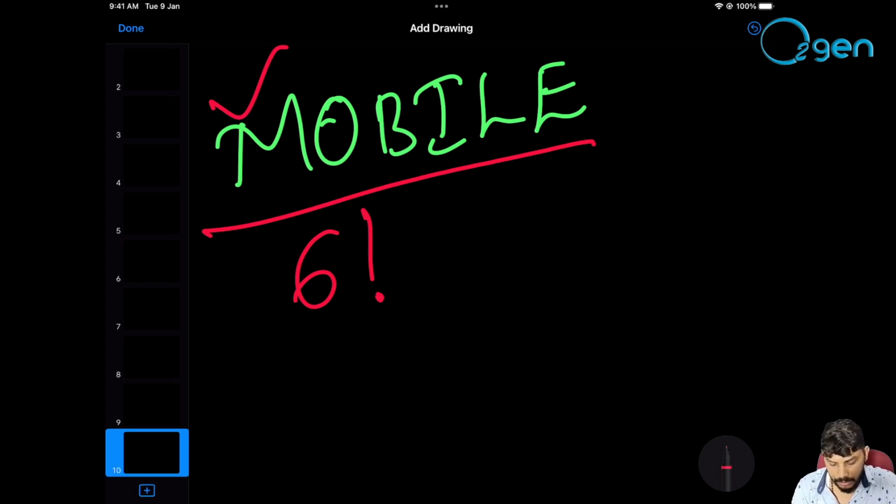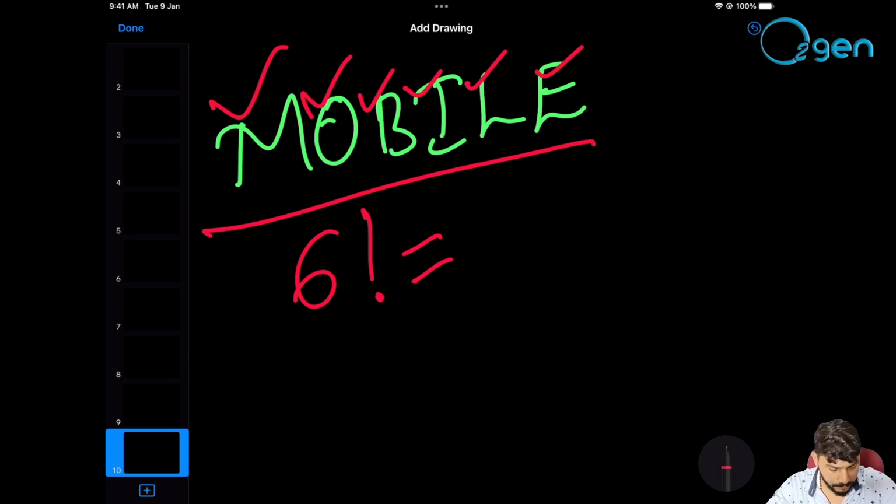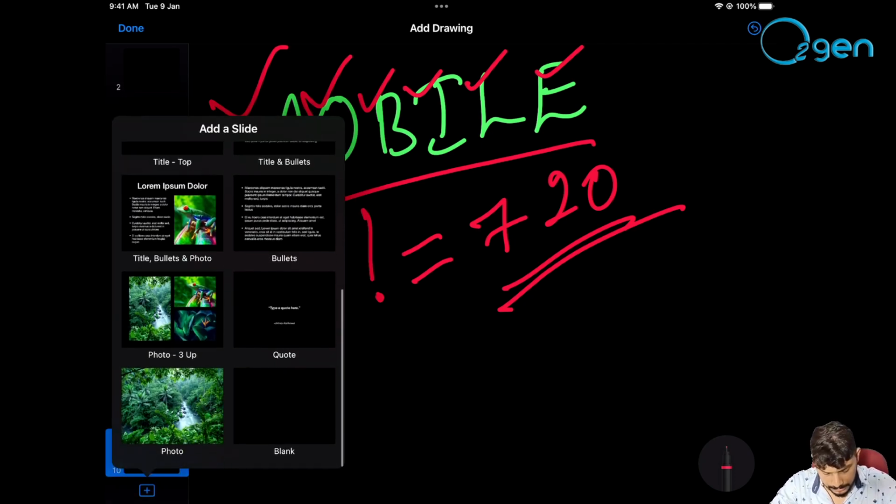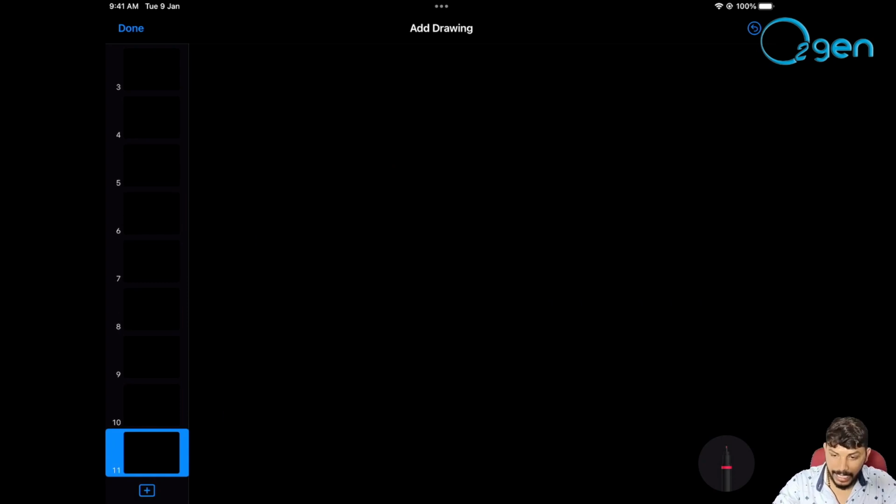M is single, O only once, I, B, L and E also only once. So all the letters appear only once. That means 6 factorial ways. Therefore, there are 720 different ways to arrange the letters in the word MOBILE. Okay, so this is about the arrangement of words and letters.